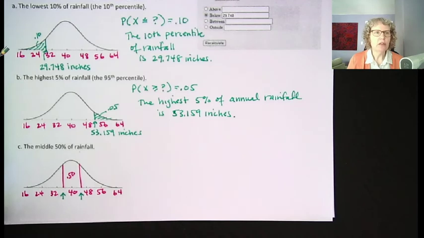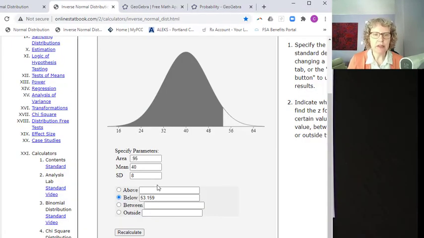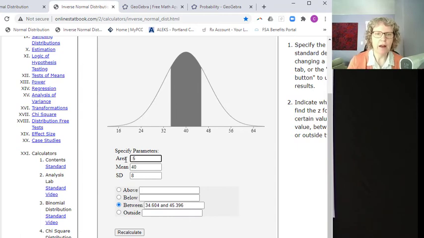Online stat book is really nice for this because we have this between feature right here, and then I just need to change this to 0.5. What this does is it automatically makes this area the middle 50%. We could have 50% shifted over to the left or the right. You can see it's centered right here on 40.